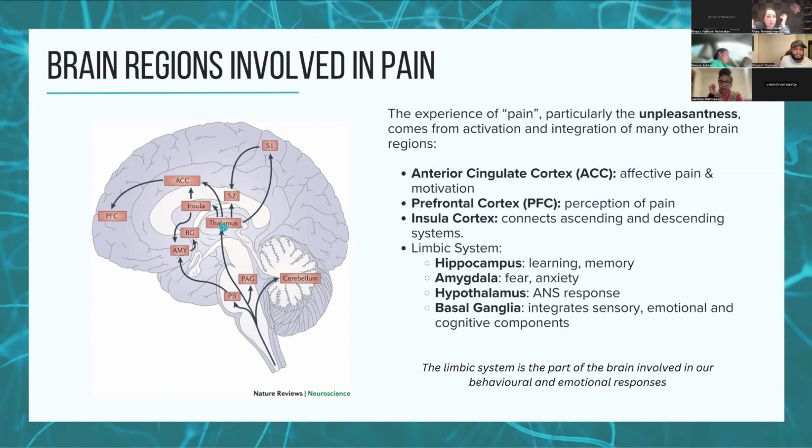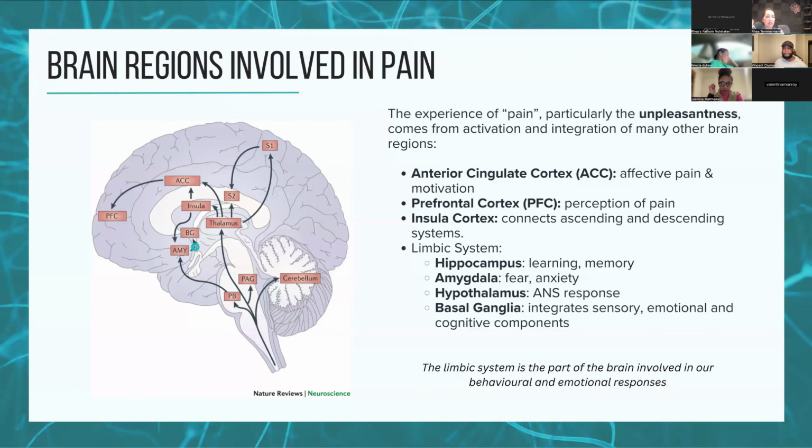So our hippocampus is really interesting because it is really involved in learning and memory. So if we have past experiences of bad pain or trauma, that informs our current experience. Our amygdala is involved in fear and anxiety.